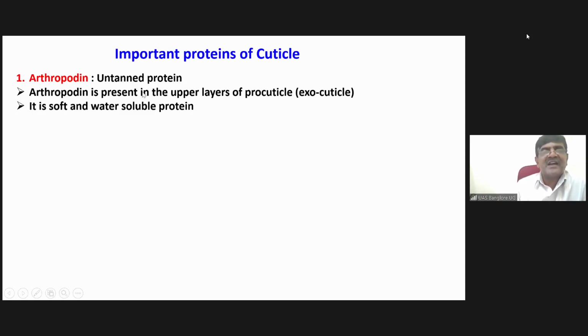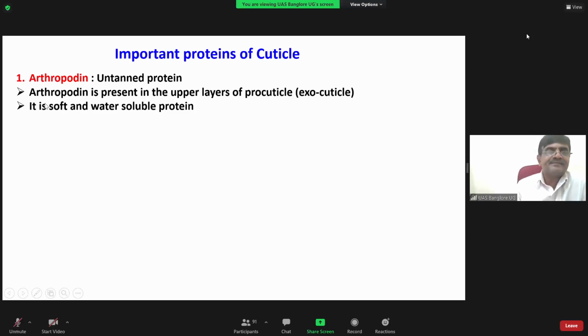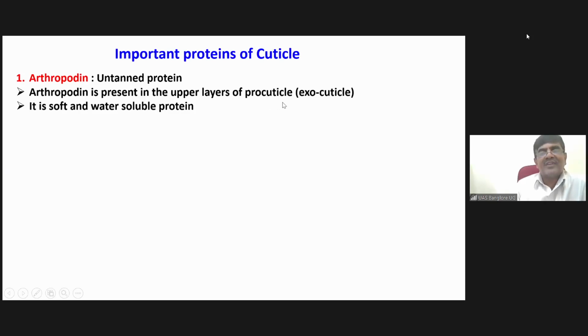Untanned means colorless. This arthropodin is present in the upper layer of the procuticle. This arthropodin is a soft and water soluble protein.